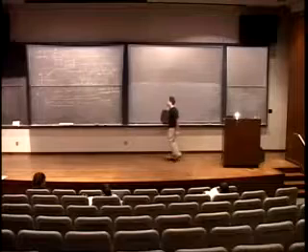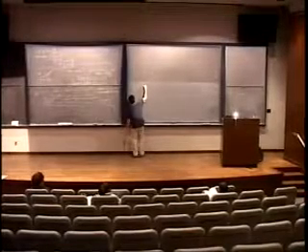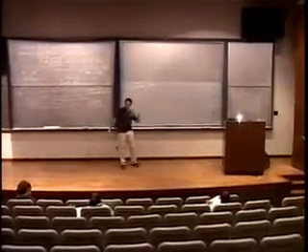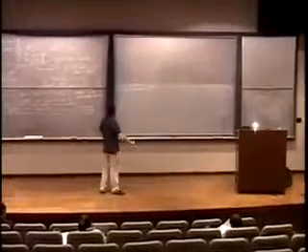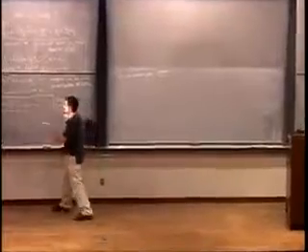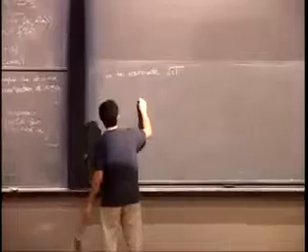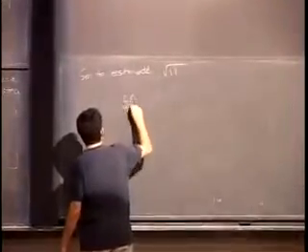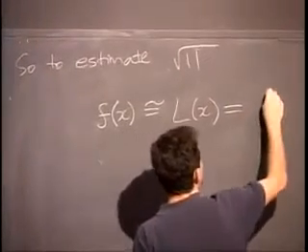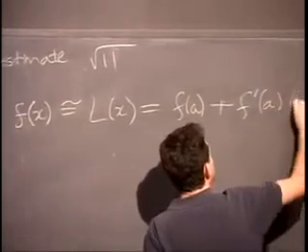But in any case, to estimate root 11, if that was the original problem, once again, without actually drawing a graph, I'm just going to apply this formula here. I'll write it out again, because we're going to need it. f of x is approximately L of x, which is equal to f of a plus f prime of a times x minus a.